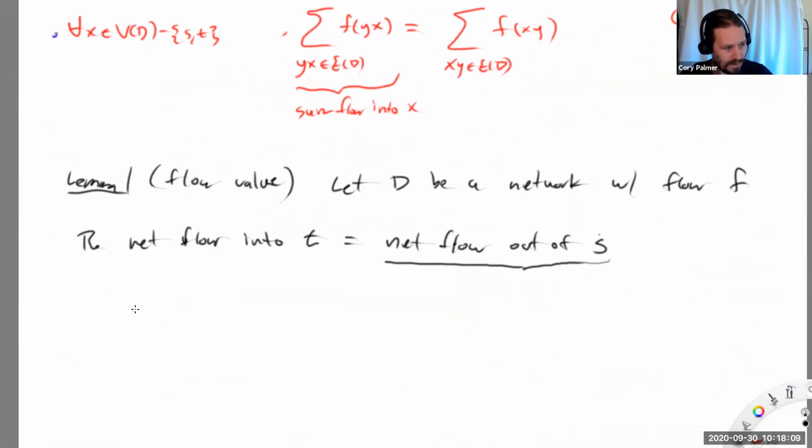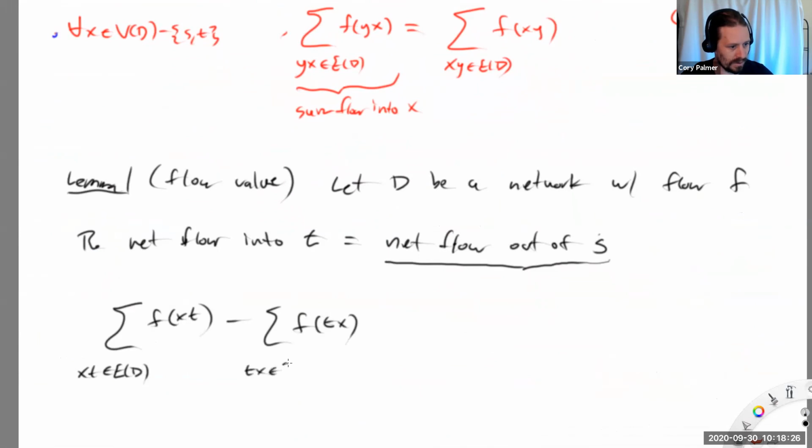So what this says, if I write it out, is that the net flow into T, so the value that's usually going to matter here is the flow xt, where xt is an arc, minus the flow out of T, which usually won't be there, but could be, where tx is an arc. And this equals something similar for the source.